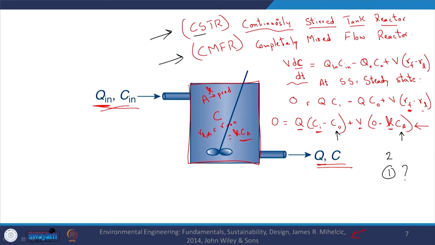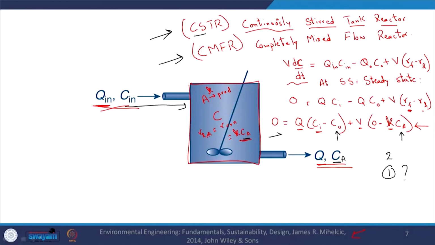Once the compound comes in, it is immediately diluted to a particular concentration, and if the concentration is the same throughout the reactor, that means the concentration of the compound going out of the reactor is also equal to the concentration of the compound inside the reactor. Why is that? Because if it is completely mixed and the flow goes from the reactor to outside, the concentration of the compound leaving the reactor will be the same as the concentration within the reactor.